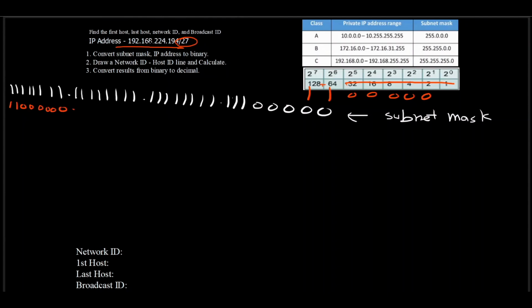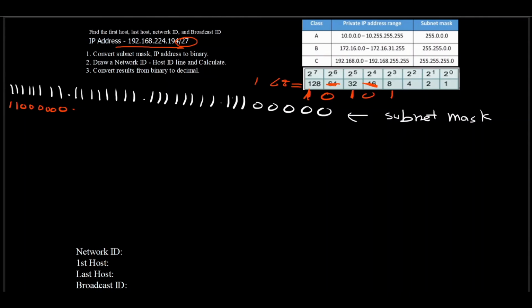Now next I want 168. If we look into the charts and calculate 168 from these numbers: 128, yes, 1. 64, no. 32, yes, give me 1. 16, no. Plus 8, yes. So 128 plus 32 plus 8 equals 168.